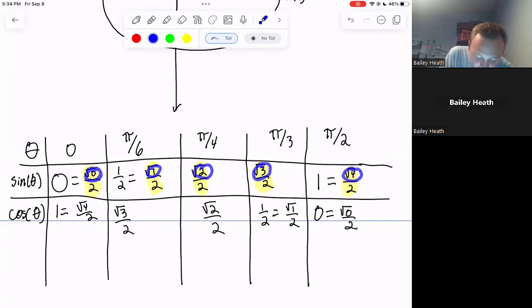The things I'm circling here are just 0, 1, 2, 3, 4. So that's one way you can remember what's going on here. Whenever you write them in the funny way, they always have this over 2, and on top, it's root 0, root 1, root 2, root 3, root 4 as you go up.